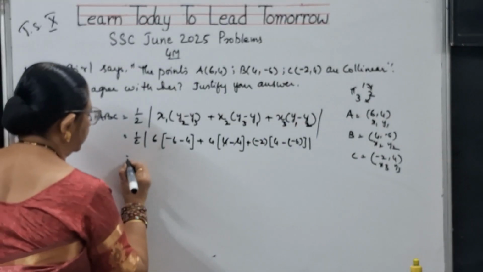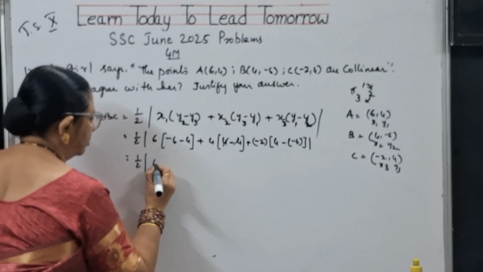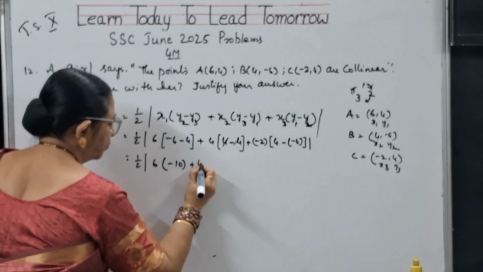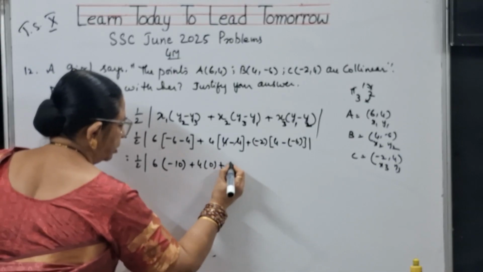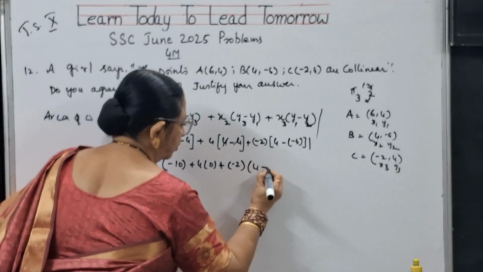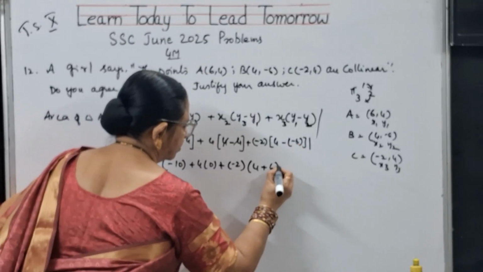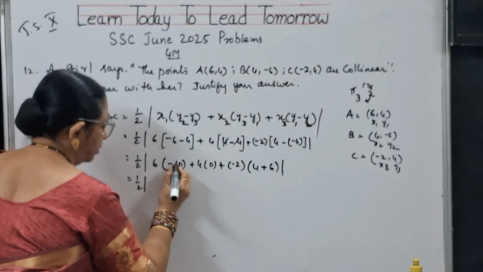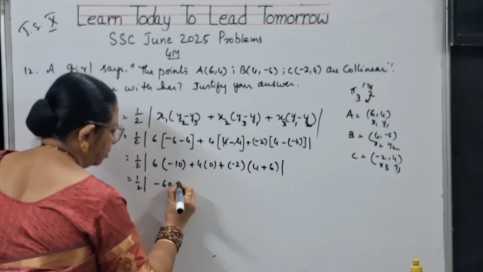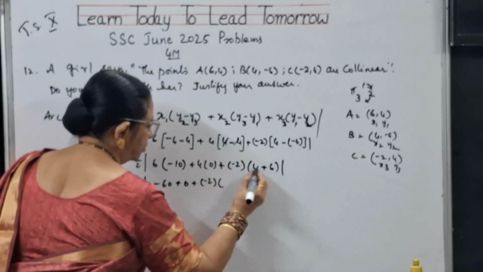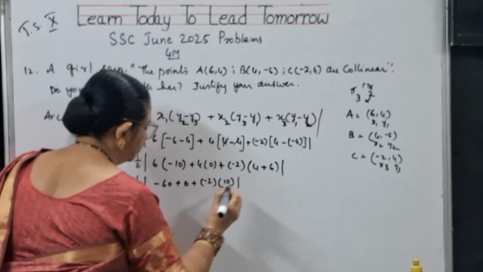So this is equal to half modulus 6 into minus 10 plus 4 into 0 plus minus 2 into 4 plus 6. This is half modulus minus 60 plus 0 plus minus 2 into 10.